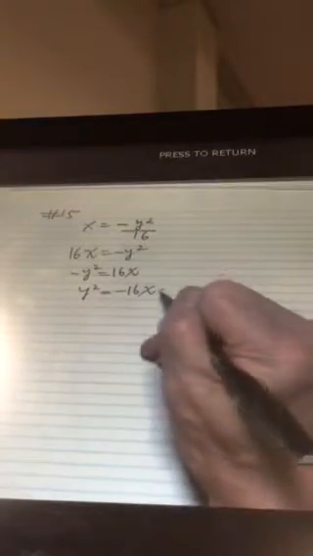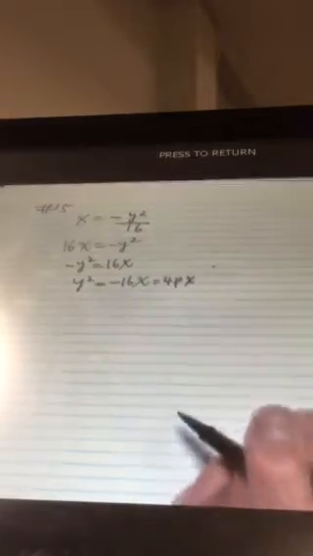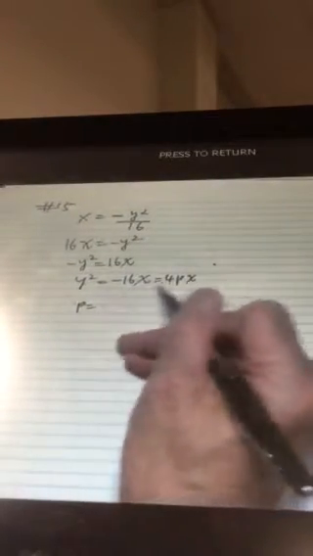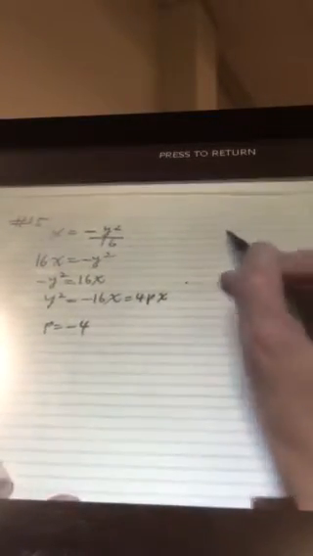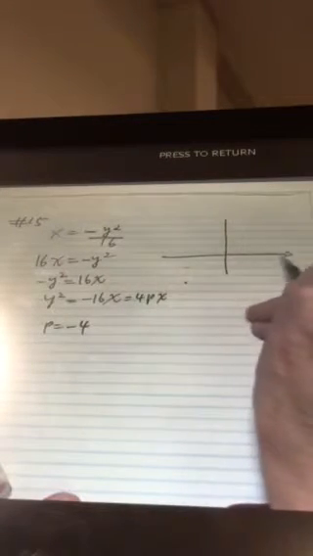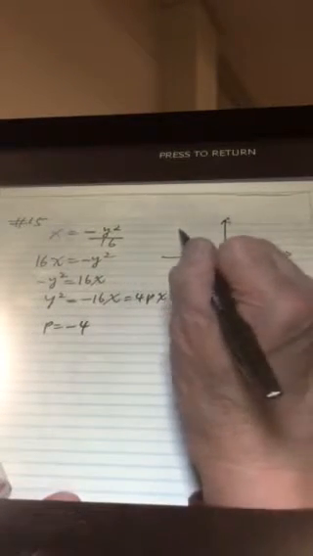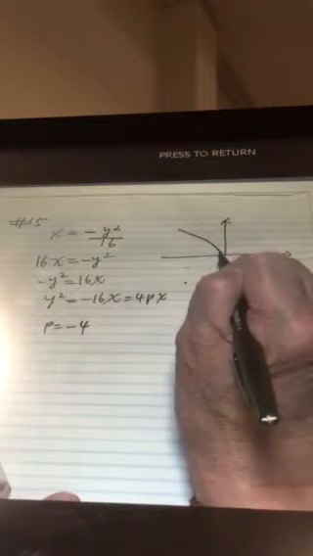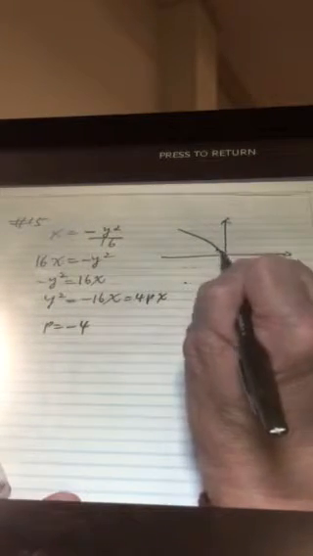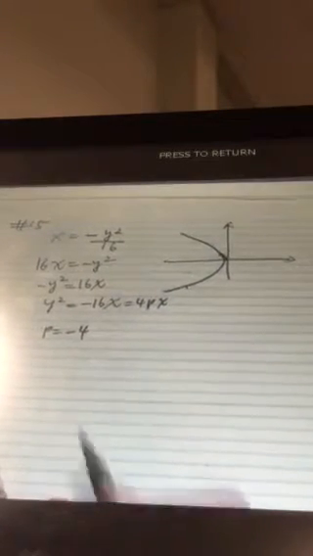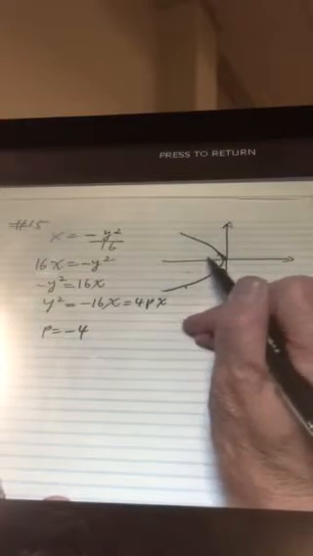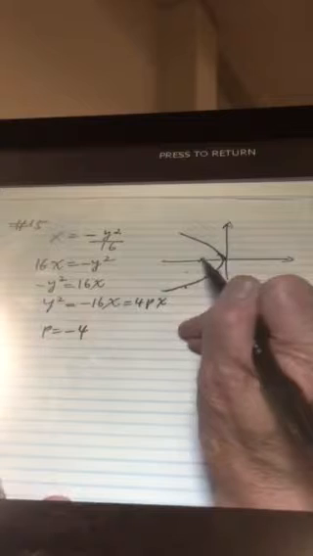First of all, I want to identify what p is. 4 times p is negative 16, so what is p? p is negative 4. Now this y squared equal to 4px, because p is negative, it is this graph. And negative 4 is here.